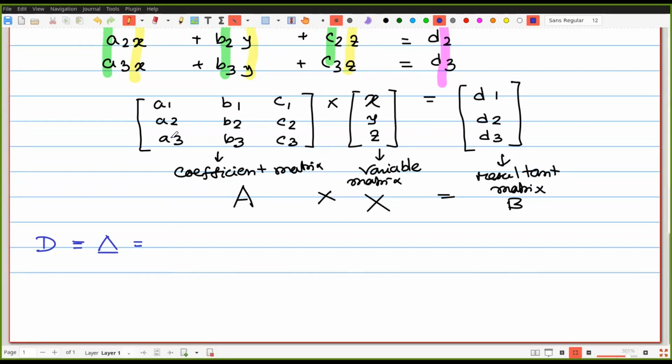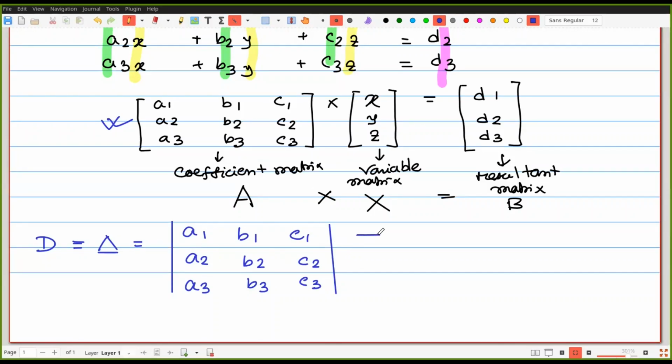Just look at the coefficient matrix and we write it as the coefficient determinant: a1, a2, a3, b1, b2, b3, c1, c2, c3, and that must not be equal to 0. The determinant of the coefficient matrix must not be equal to 0. That is step 1 of Cramer's rule.